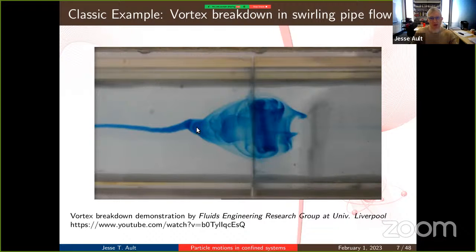If you were able to visualize the velocity here using PIV or something, you would see that there are two stagnation points inside the flow where the velocity goes to zero. On this half of the vortex core, the flow is in the downstream direction, where it then reaches a stagnation point and diverges along this surface over to this other stagnation point, where the flow then goes upstream within this bubble region. And so this will recirculate indefinitely.